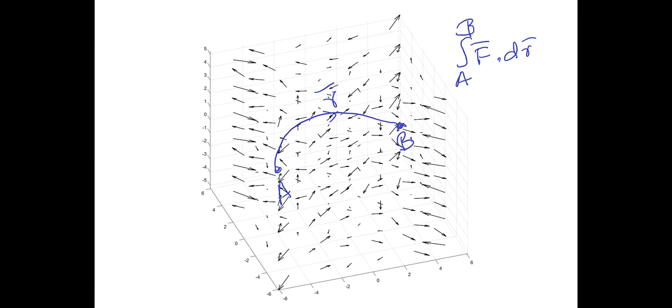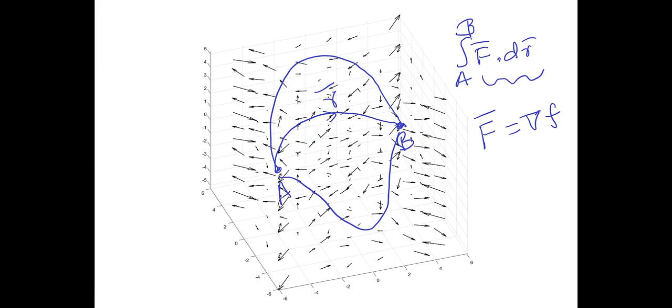So what happens here is that it doesn't matter who dr is, if F is the gradient of f, then it doesn't matter which path you take, all that matters is what the values of f at the endpoints are.